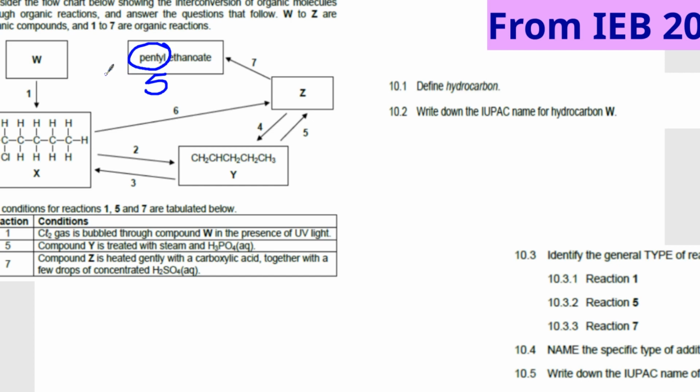So that's the first thing you must check for before you even look at the questions. Figure out what's going on. You can see here from W, reaction 1 to here, there's a Cl that was added. So it's probably going to be addition or substitution. You don't know yet. Then when you go from here to here, the chlorine that was there disappeared.